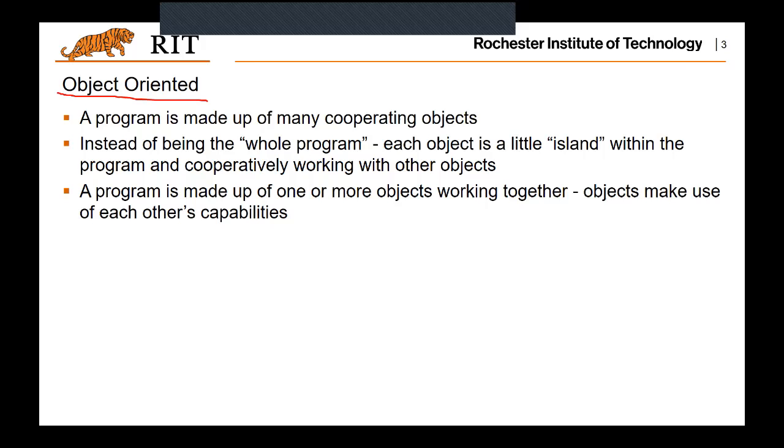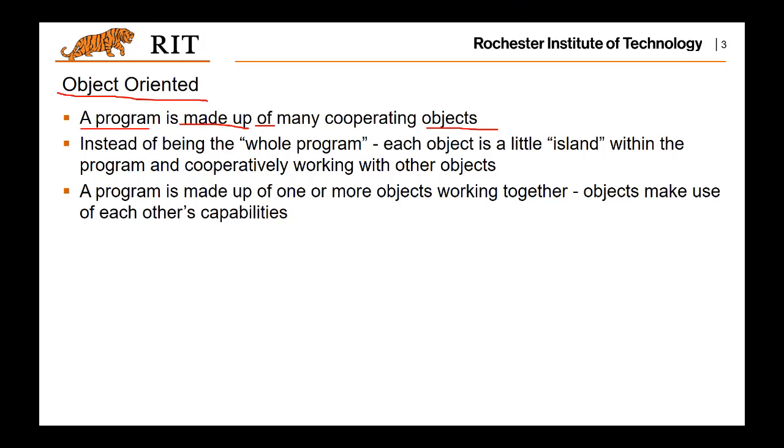object-oriented programming does. In object-oriented programming, a program is made up of many cooperating objects. So instead of being a whole program, each object is a little island within the program, and they interact or work cooperatively with the other objects.